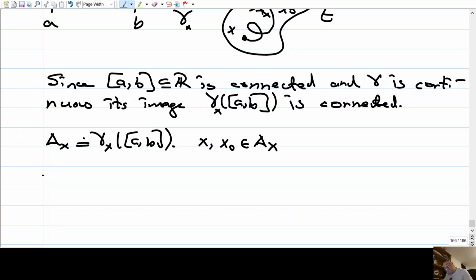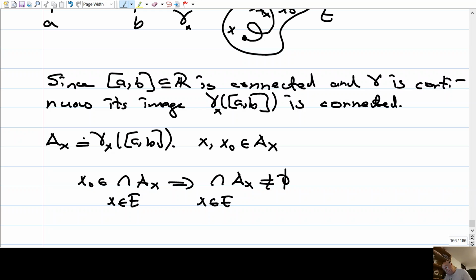Well, we have what? These subsets clearly contain the point x0. Therefore, their intersection contains this point, because all of them contain x0. Therefore, this intersection is not empty.